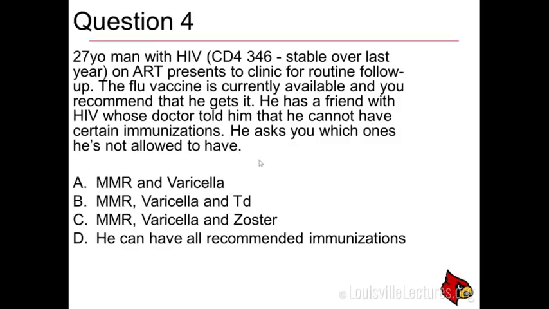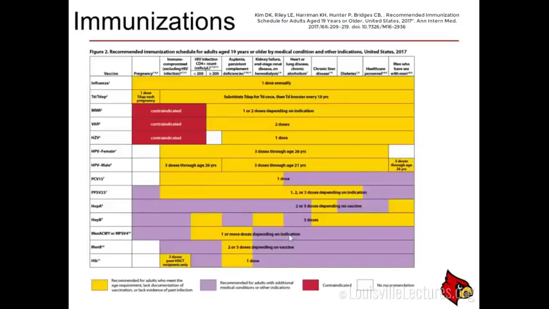So, who thinks A? All right, who thinks B, C, and D? Yeah, so I got a couple people for D. That's actually correct. This one's a little tricky because in patients with HIV, if they have a CD4 count less than 200, then definitely the MMR, the varicella, and zoster are contraindicated.